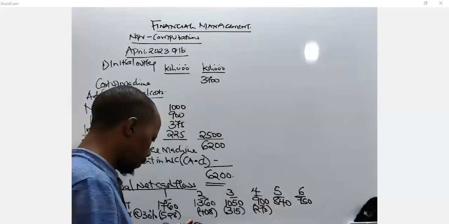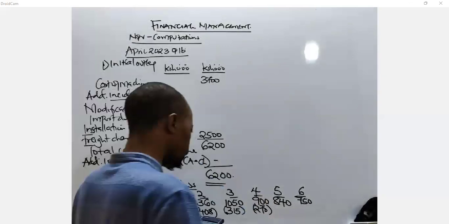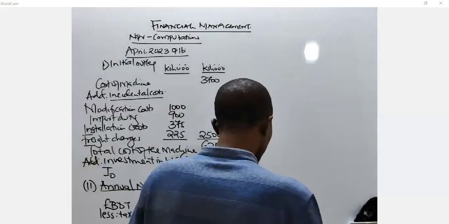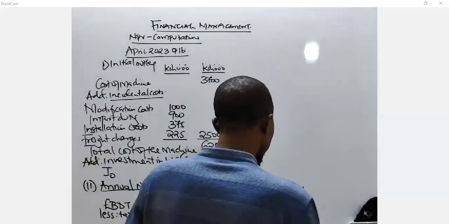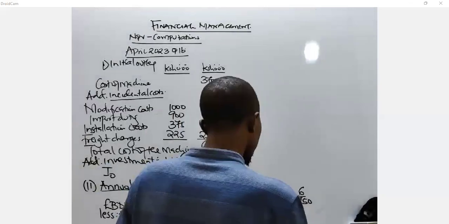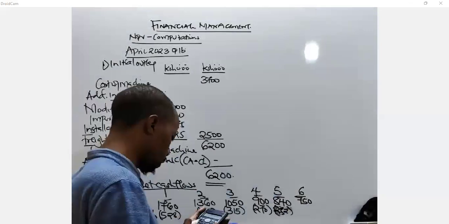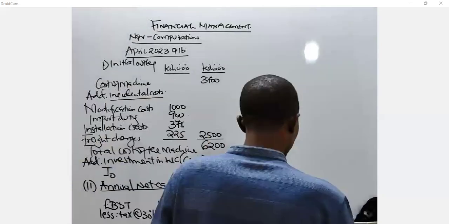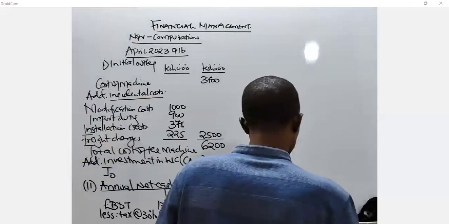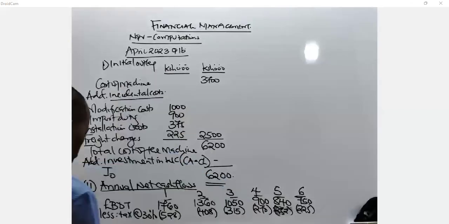Then we have 840 times 0.3, getting 252, sorry. Then we have 750 times 0.3, getting 225. Then we add the depreciation tax shield.